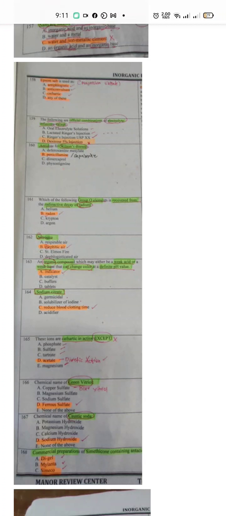Number 161. Which of the following group O, oxygen element, is recovered from the radioactive decay of radium? Radium, from the word radium, that is your radon. So, your basis here is, your radium is equal to your radon. Radium, radon. Okay. Number 162.